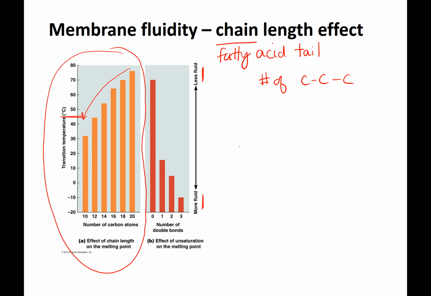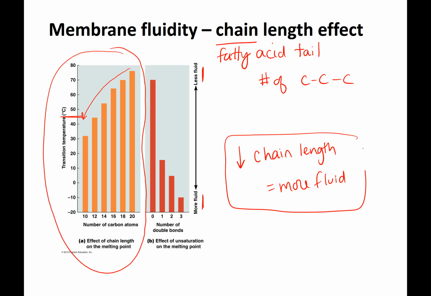As you decrease the chain length, the number of carbons, it becomes more fluid, okay? That's because you have now more room for things to move around. Again, it's all about, can you pack tight or not so tight? So if you decrease the chain length, the number of carbons on that fatty acid or on that phospholipid tail, you'll become more fluid.